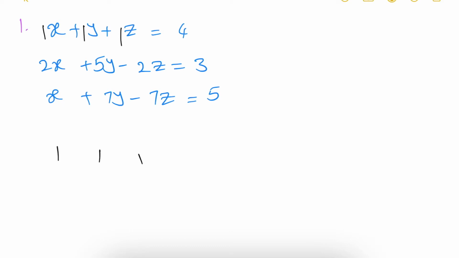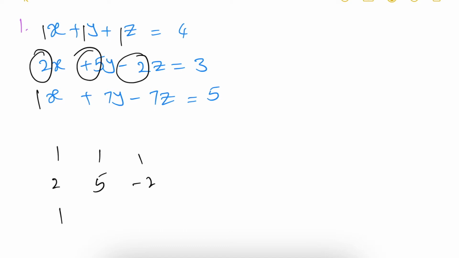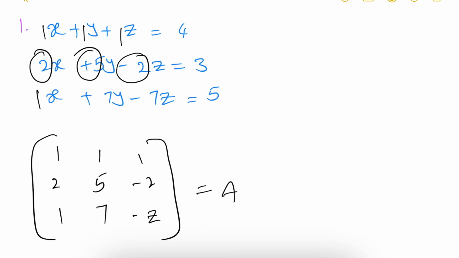The same way, second equation: x coefficient 2, y coefficient 5, z coefficient minus 2. The same way, third equation: x coefficient 1, y coefficient 7, z coefficient minus 7. This will become the matrix A. Of course, instead of matrix A you can take some other alphabet also, no problem.